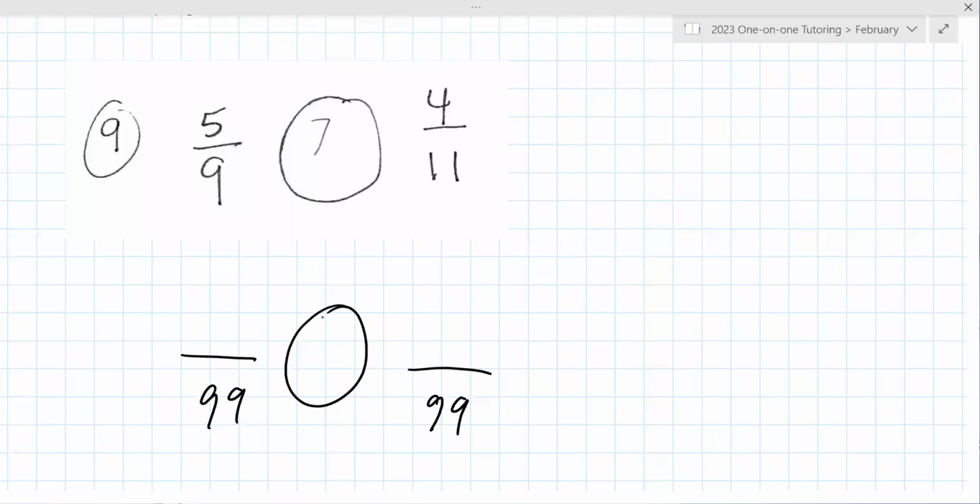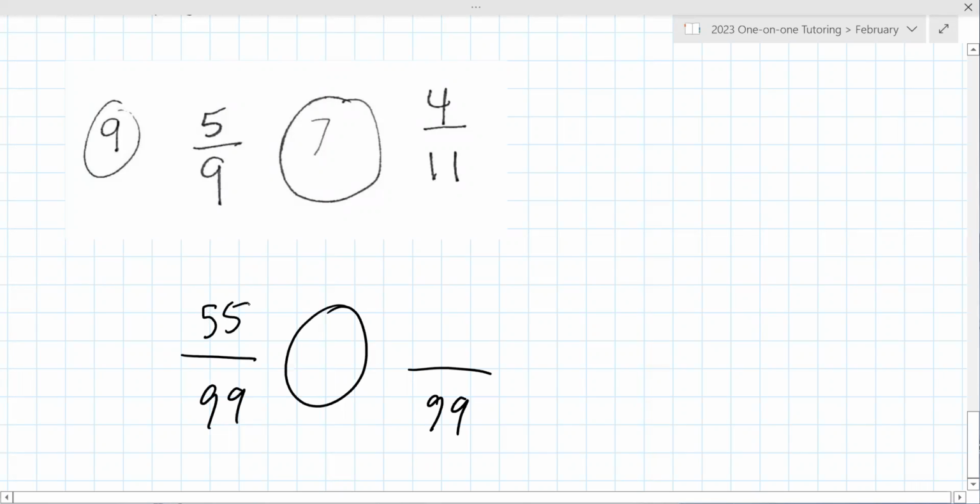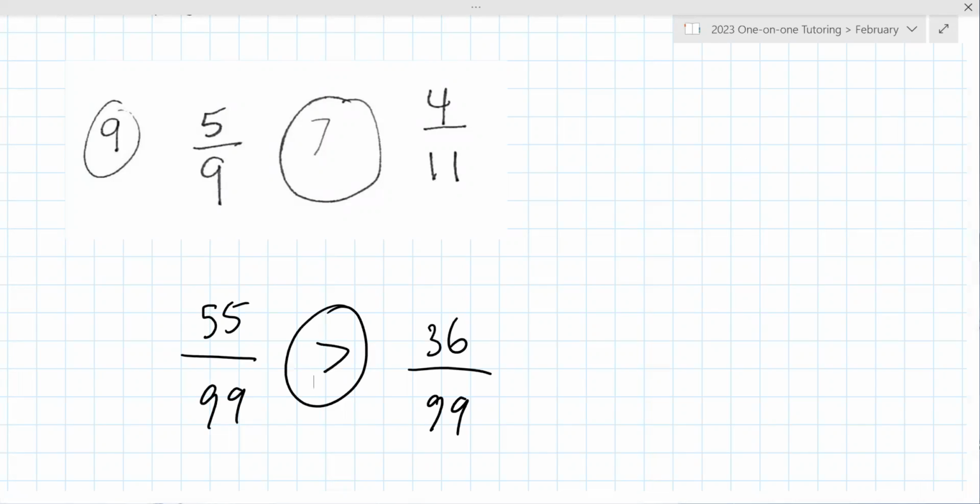So then, would it be 55 and 36? Agreed? Yes. So your symbol is again correct, but maybe now there's a little more clarity about why it's correct.